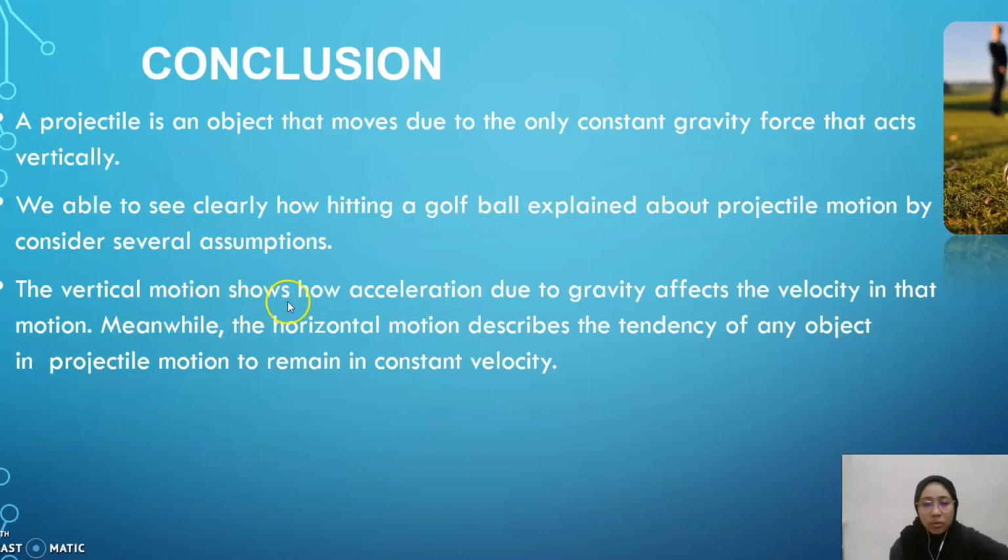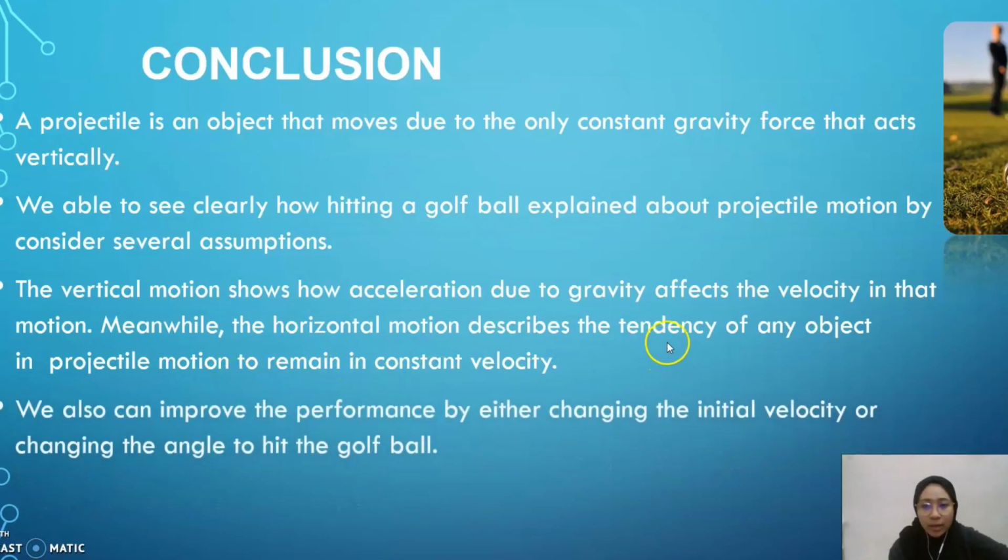The vertical motion shows the acceleration due to gravity applied to the velocity in that motion, which is 9.81 meter per second squared. Meanwhile, the horizontal motion describes the tendency of any object in projectile motion to remain at a constant velocity. And thus, we can also improve the performance by either changing the initial velocity or changing the angle to hit the golf ball.